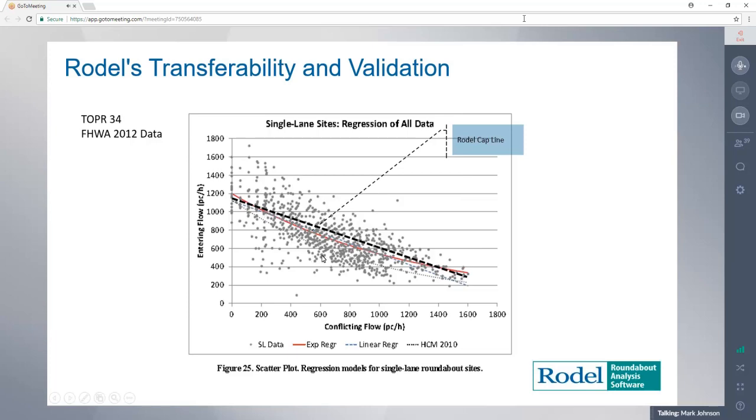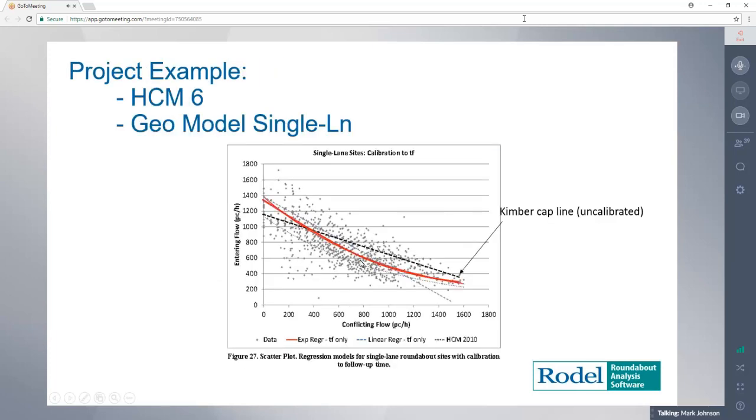The background and need to understand this at this level is that when you're toggling back and forth between the HCM model and the geometric model, or comparing Rodel's geometric model to other HCM programs such as Sidra in HCM mode or in standard mode, you get different results. Understanding that you're getting different capacity lines and different results depending on where you are is important.